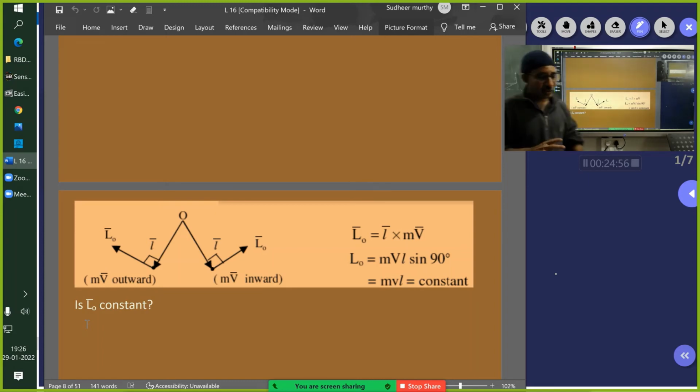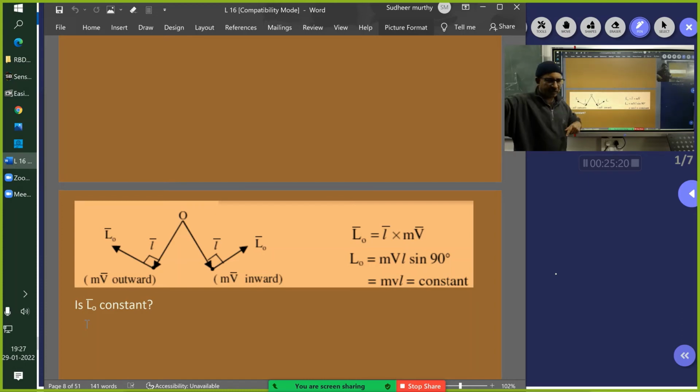Mg sin theta, what is it doing there? Not mg, sir, the component of mg. Mg is always down. When we consider the tension force, it is balanced by one component of mg.